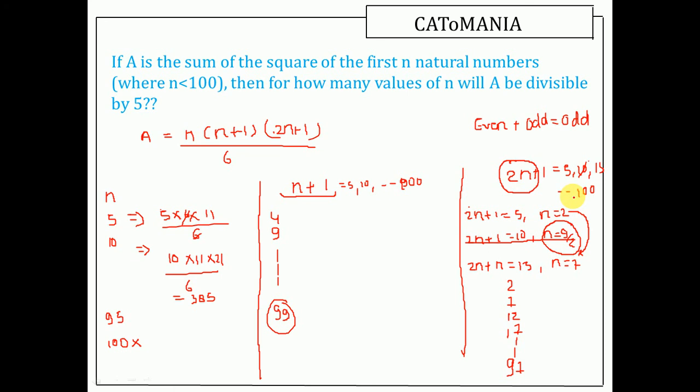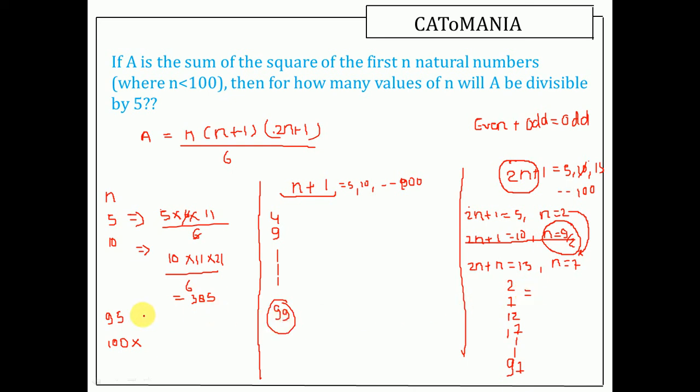So in CAT, you have to think at first hand just by seeing the expression, so you don't need to do this calculation. If you see 2n plus 1, you must understand that it will be only odd. So you won't take 10, 20, just take 5, 15, and you are done. So directly your value of n will be 2, 7, 12, 17, and will go till 97.